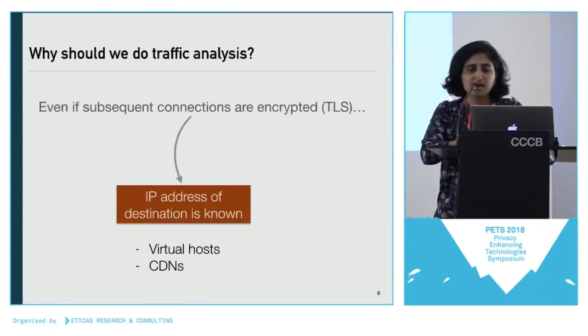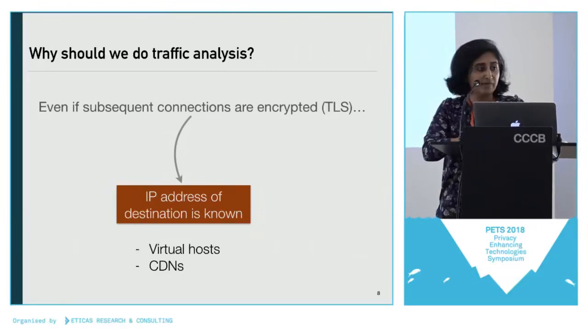The question may arise as to why we should even do traffic analysis of DNS traffic in the first place. Let's say that the DNS traffic is encrypted, and then the subsequent connection between the client and the destination host is also encrypted using protocols such as TLS. You still have the IP address of the destination from which you could potentially learn the domain name that the client is interested in visiting.